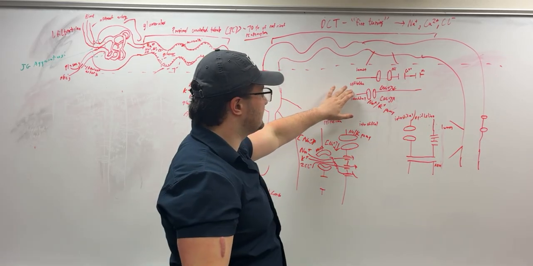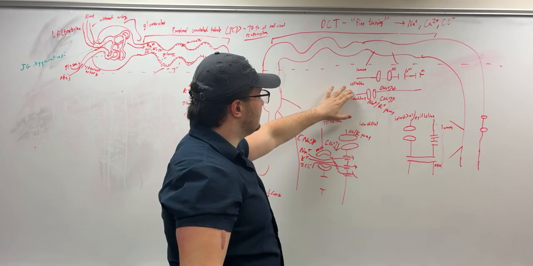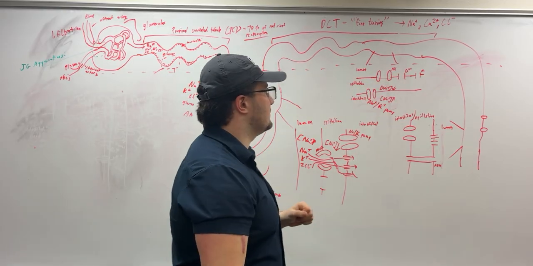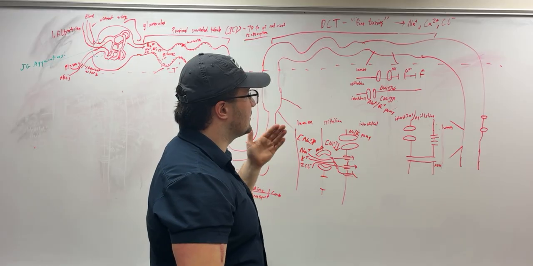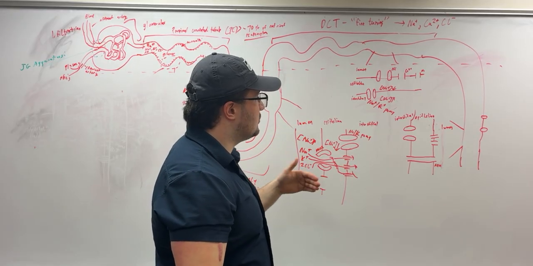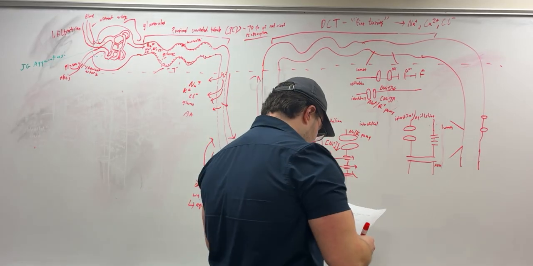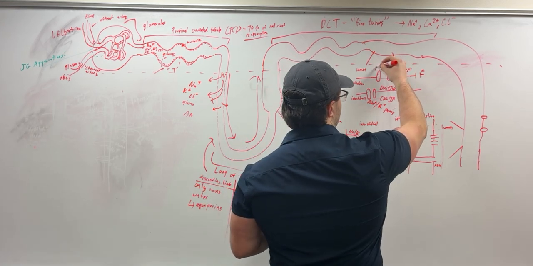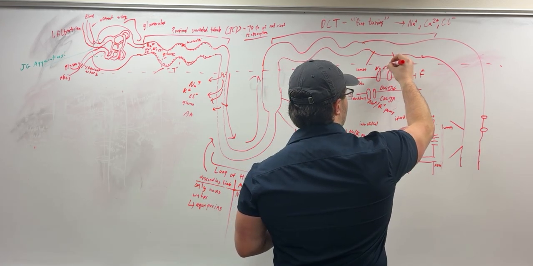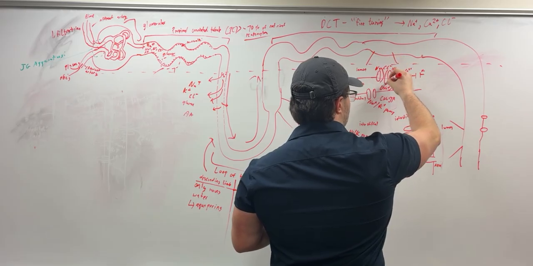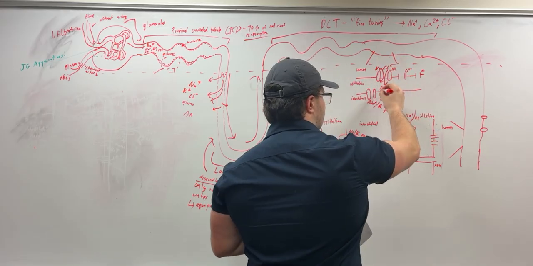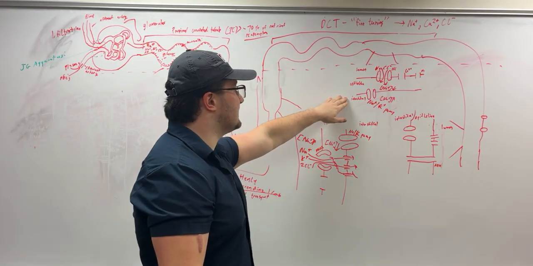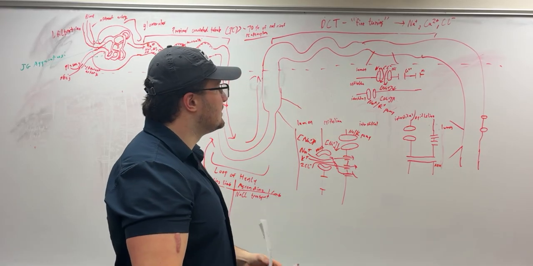So the two channels out here that are important are the NCC, which is called the sodium chloride cotransporter, which is going to move sodium and chloride into the epithelial space and eventually out into the interstitial space to be reabsorbed.